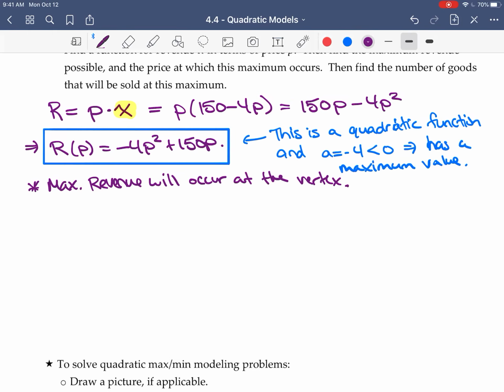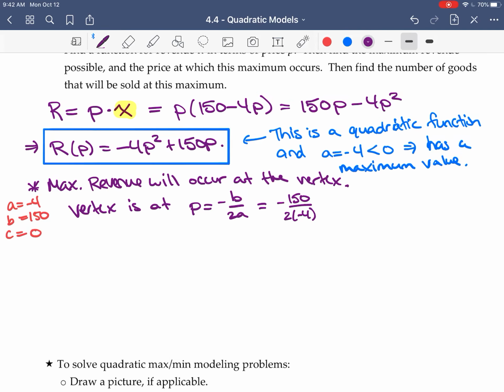To find the vertex, remember that the vertex is at, it's going to be P instead of X, but it's negative B over 2A. Here A is equal to negative 4, B is equal to 150, and C is 0 because there's no constant term. So this is going to be negative 150 divided by 2 times negative 4.